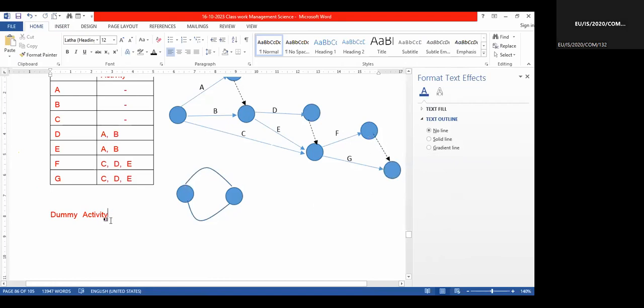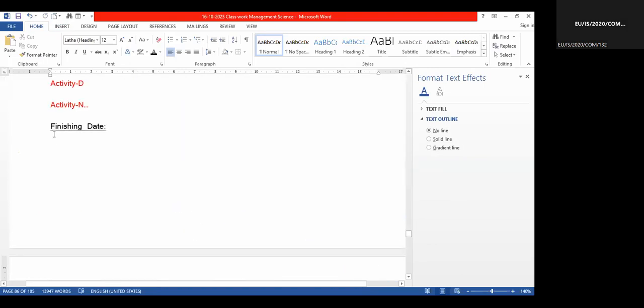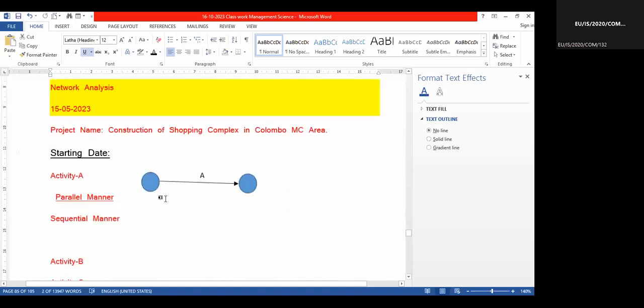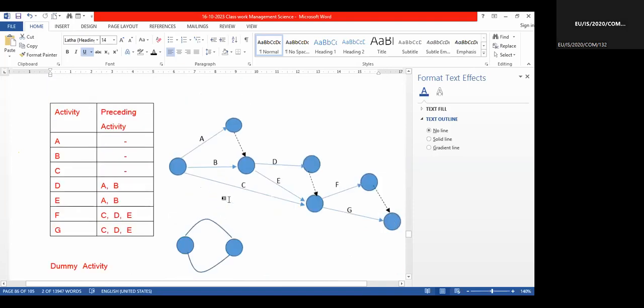So all have to come to one end, because the project's starting time is one and finishing time is one. You see in these diagrams, all start with one and finish with one. Then in between there are activities. How many activities are there?